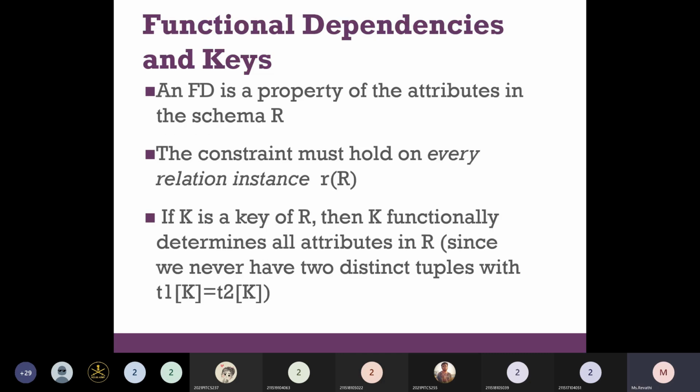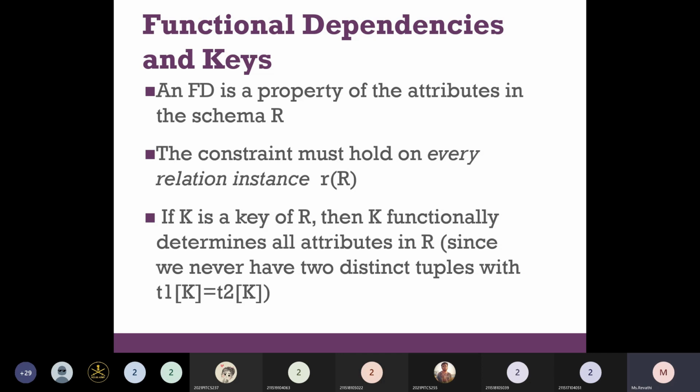Now, functional dependency and keys. A functional dependency is a property of the attributes in the schema R. The constraint must hold on every relation instance, it must be true for every relation instance.